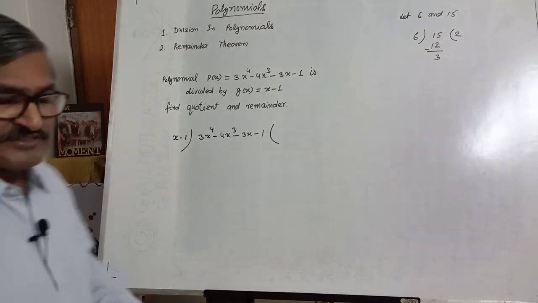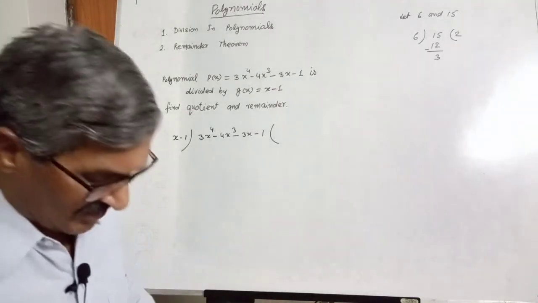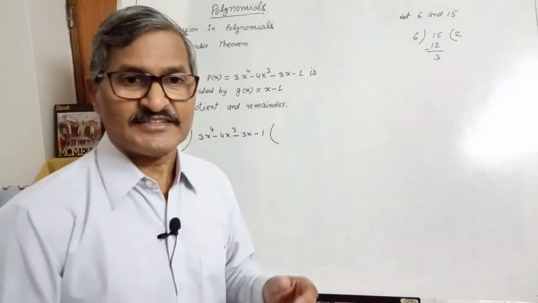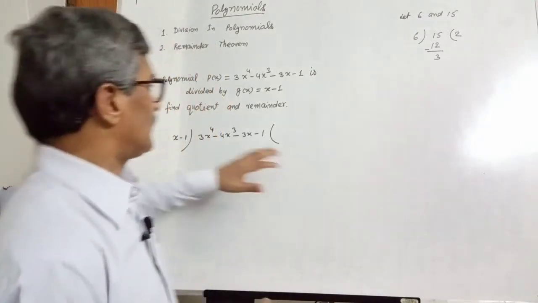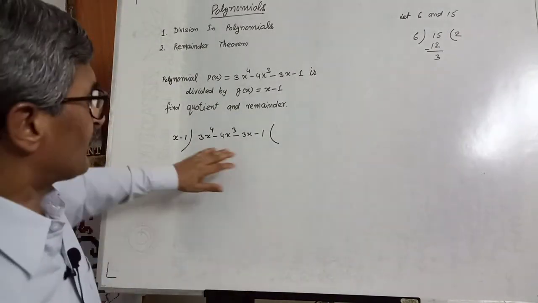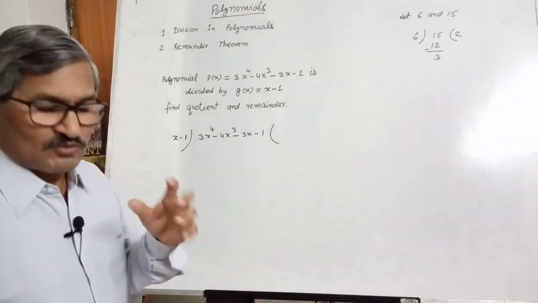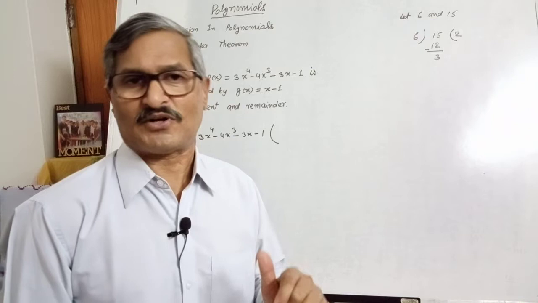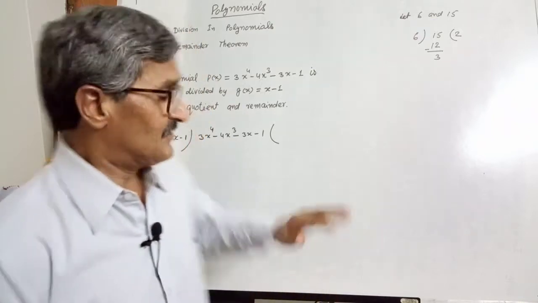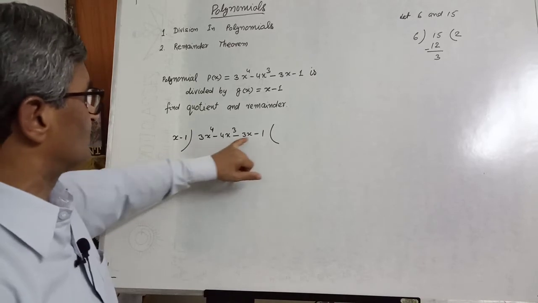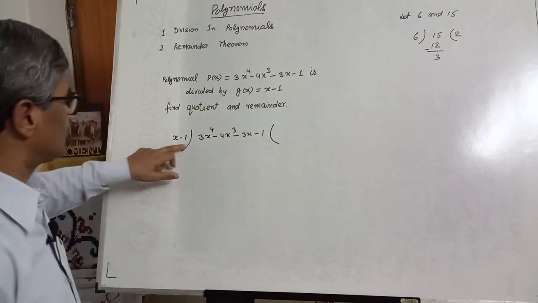The division method you have learned in class 8. You have done division, but you might not have done long divisions like this. The method applied in class 8, the same method is applied here also for the division. There are 4 terms here, 1 2 3 4 terms, and here it is 2 terms.